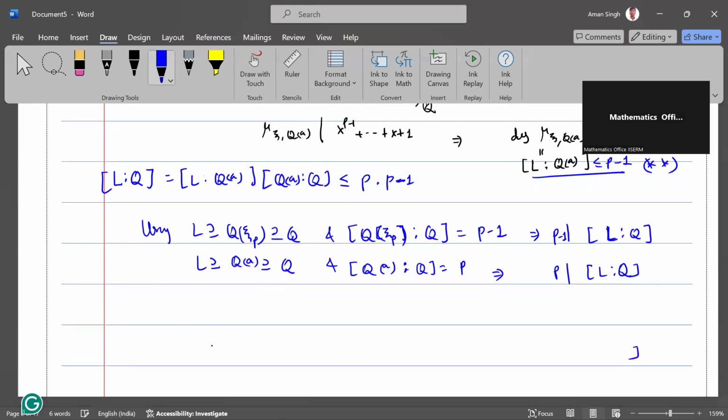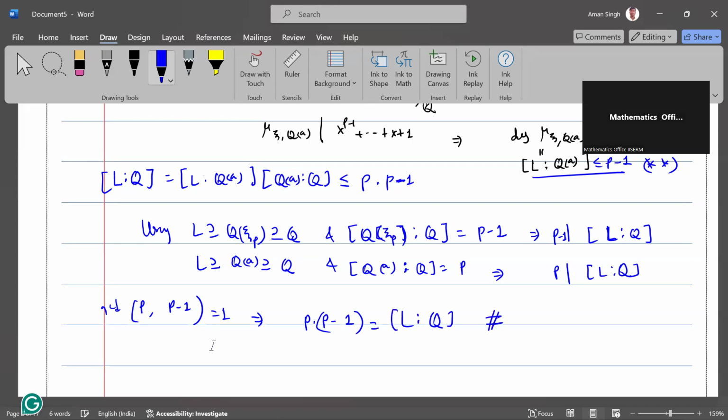So what we get here is that p and p minus 1 are coprime, their GCD is equal to 1, which implies p times (p minus 1) divides [L : Q].